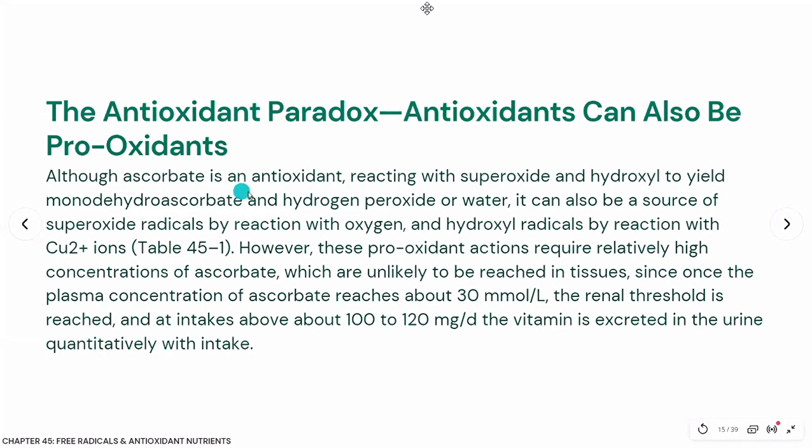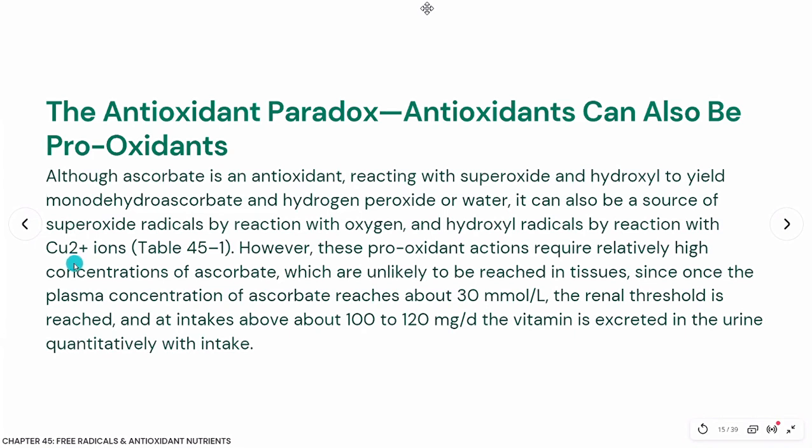Although ascorbate is an antioxidant reacting with superoxide and hydroxyl to yield monodehydroascorbate and hydrogen peroxide or water, it can also be a source of superoxide radicals by reacting with oxygen and hydroxyl radicals, and by reaction with copper ions.